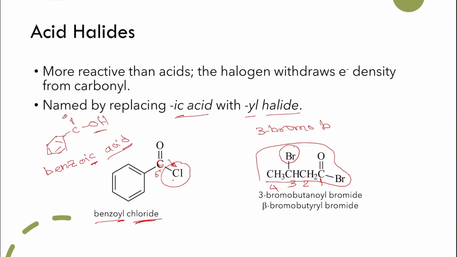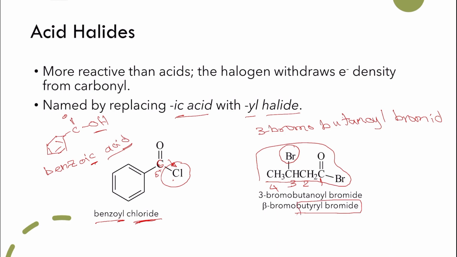Then instead of saying butanoic, we can say butyric acid. So we can say butanyl bromide, or we can say butyryl bromide.